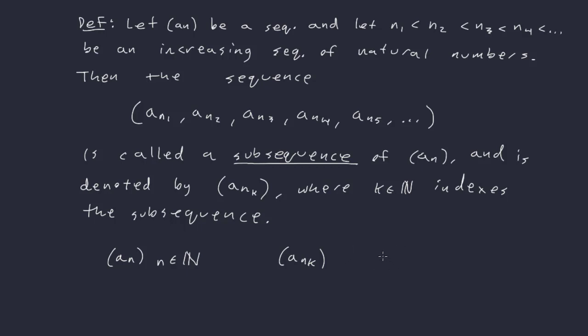So I sometimes think of this as, say, A sub j, where j is in some set capital J, which is a subset of the naturals. But the sequence keeps the same order.